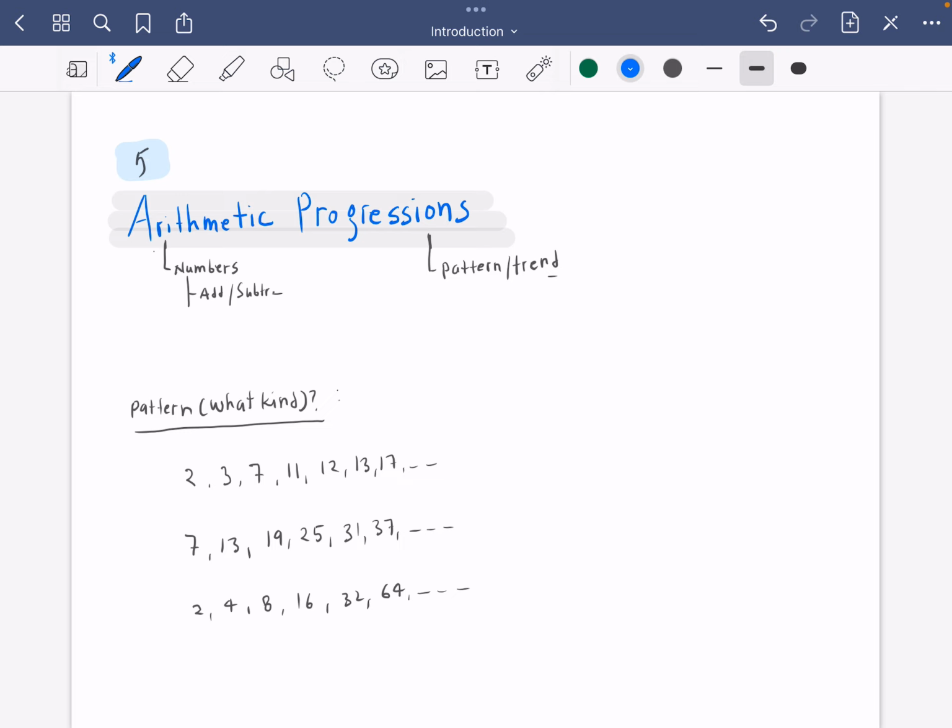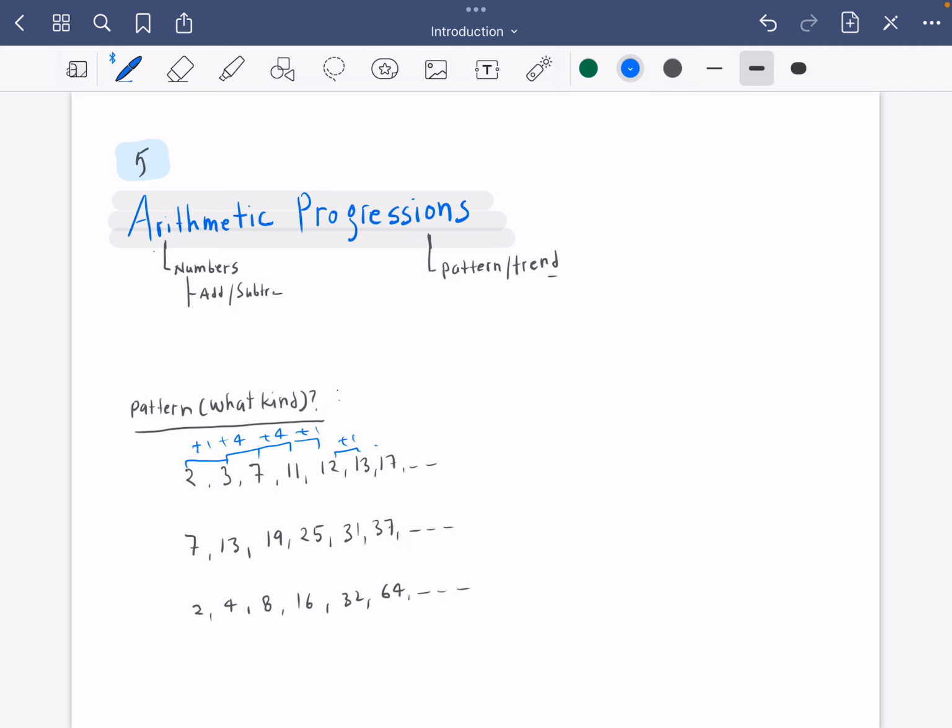Now in the first example, we are talking about addition and subtraction here. So you get 3 by adding 1 to 2. As I'm moving ahead along the series, I want to find out whether I'm getting the next number by adding or subtracting. So you get 7 by adding 4, you get 11 again by adding 4, you get 12 by adding 1, you get 13 by adding 1, and so on.